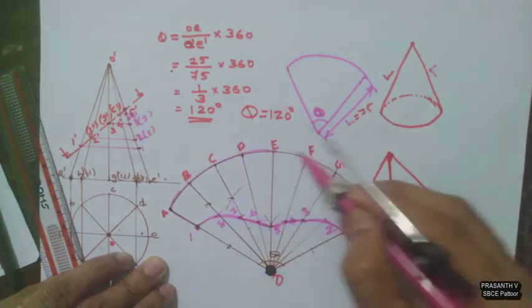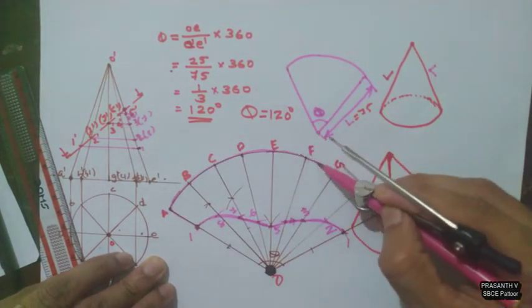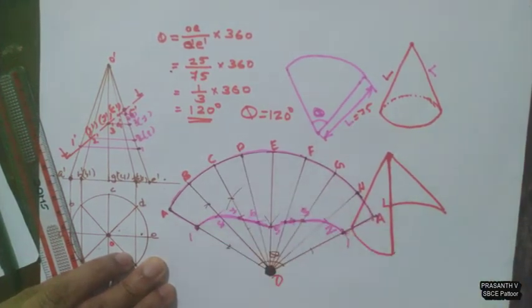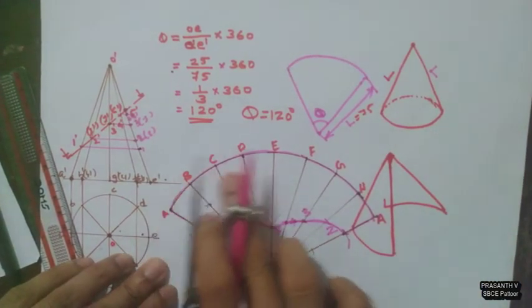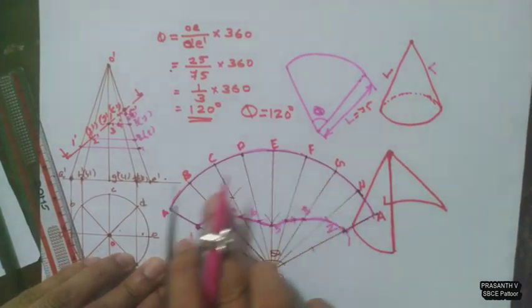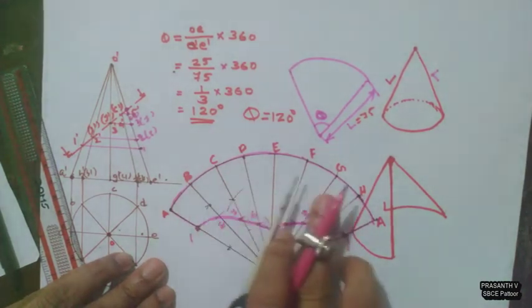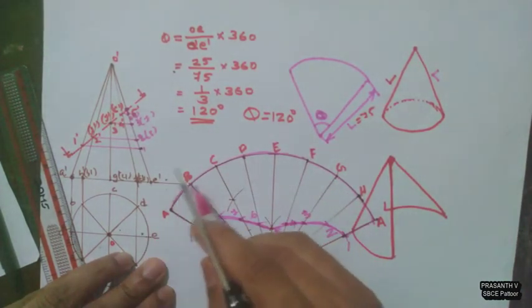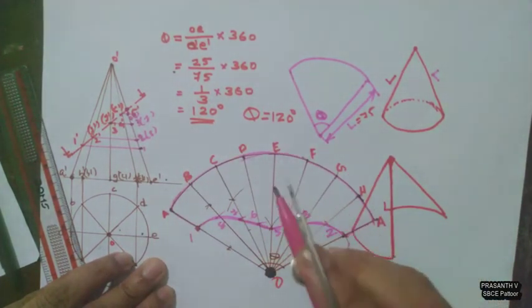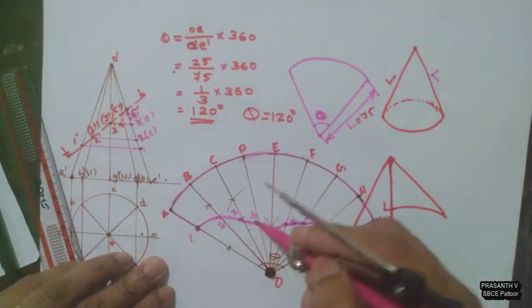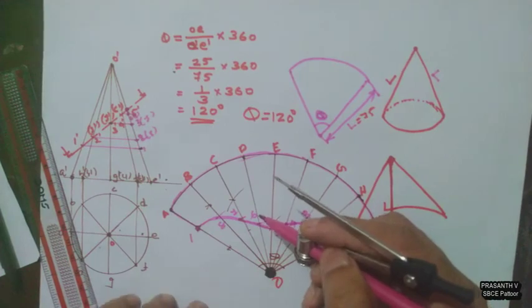So you can see this portion is the development of the bottom portion of the cone. You have to remember, remove all these inside generator lines. The boundary should be drawn using thick lines, and all other lines should be thin lines. So keep that in mind.